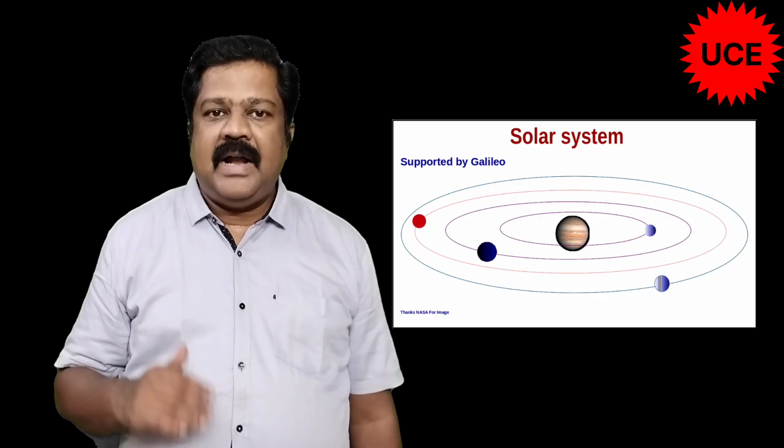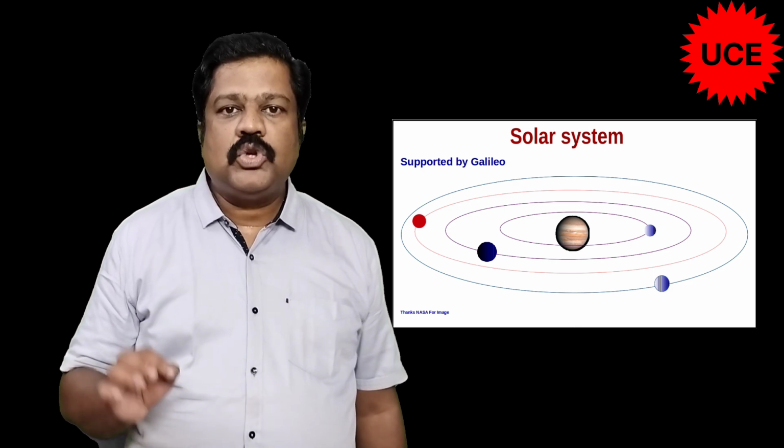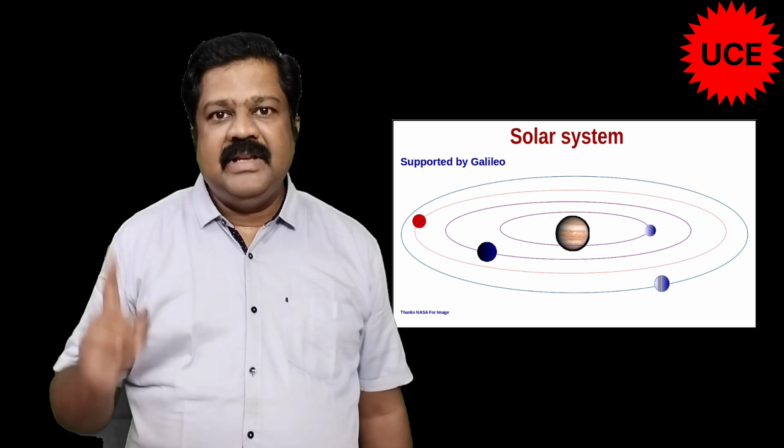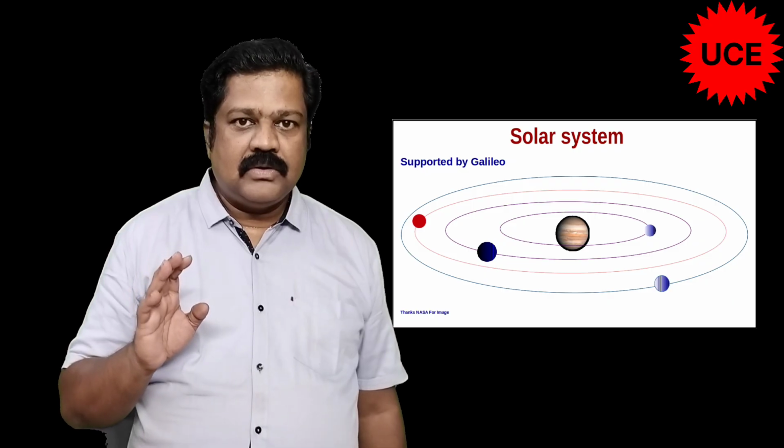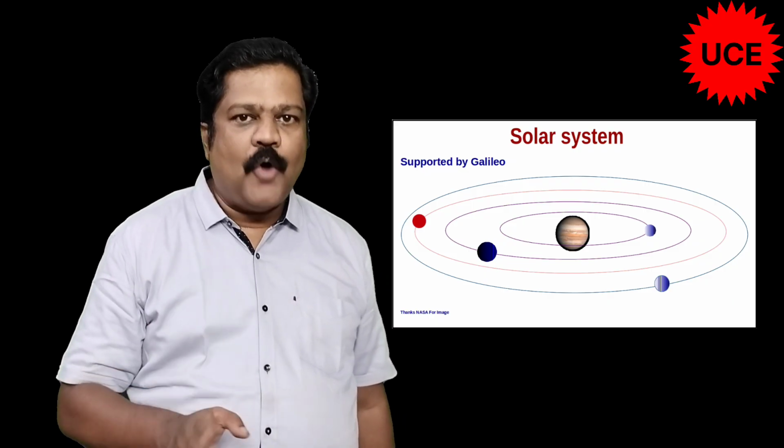And so he concluded that Jupiter also has moons, and these moons are revolving around Jupiter. So he practically observed something which is not revolving around Earth but revolving around Jupiter. And then he also supported Copernicus' theory.